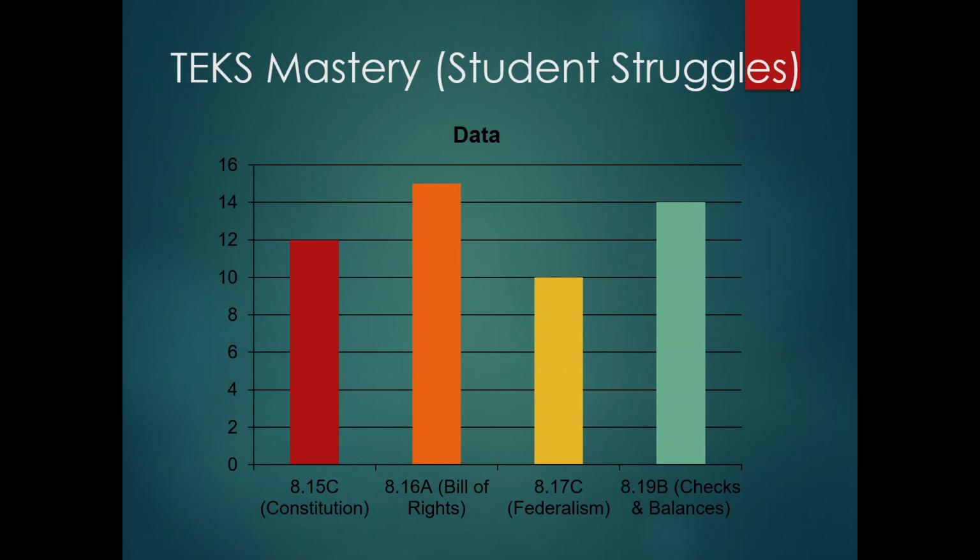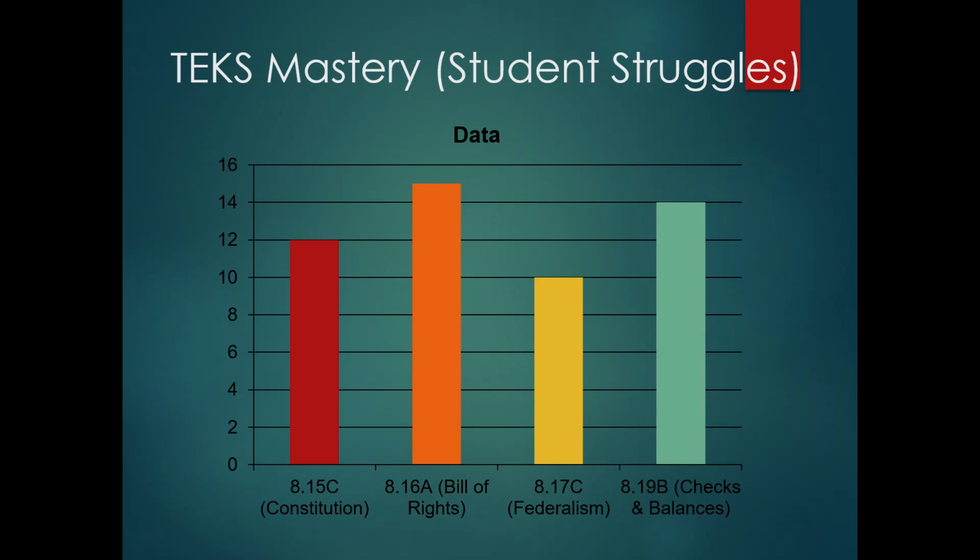Now, again, isolating the TEKs and looking at the ones which students may have struggled a bit more with, we can see that this chart shows student performance aligned to specific TEKs within the unit. The highest areas of struggle were TEKS 8.16a, which focuses on the Bill of Rights, as well as TEKS 8.19b, which covers checks and balances.